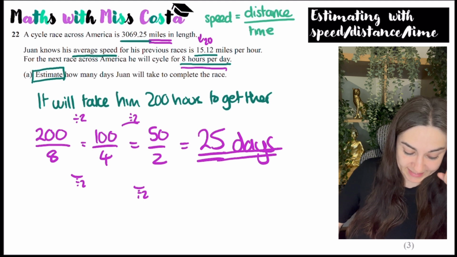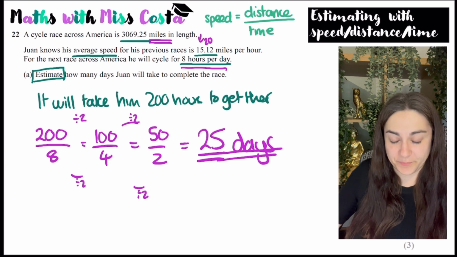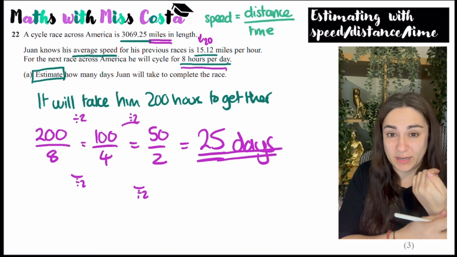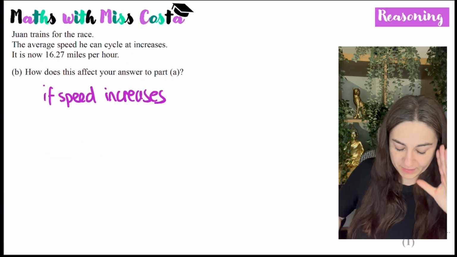I think the mark scheme would still allow for it. So don't worry too much if you did round it to 20 and if you did round it to 10. The whole point of estimating is you want to make your calculation as easy as possible for you. But anyway, back to this question.